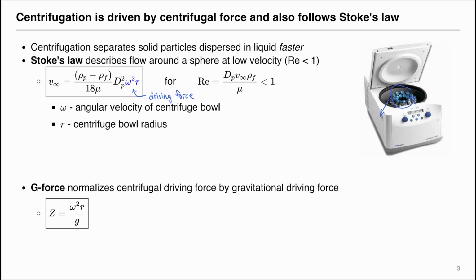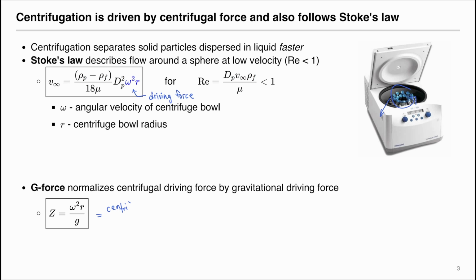We can quantify how much larger the centrifugal driving force is compared to the gravitational driving force by using g-force. G-force is the angular velocity of the centrifuge squared multiplied by the radius of the centrifuge, which is the centrifugal driving force, normalized by the gravitational driving force, which is the gravitational acceleration.